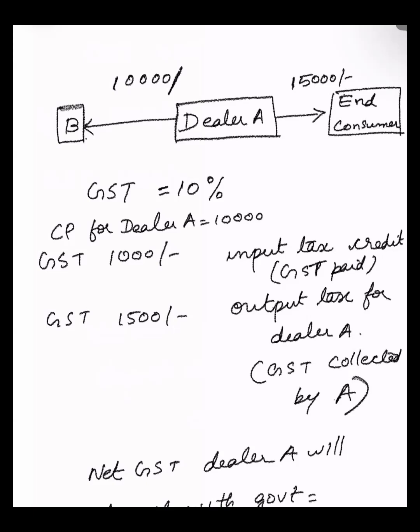When dealer A sold it to the end consumer, the selling price for dealer A was 15,000, and he collected 1,500 as GST from the end consumer.